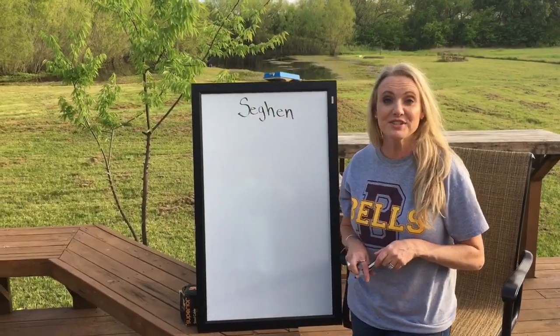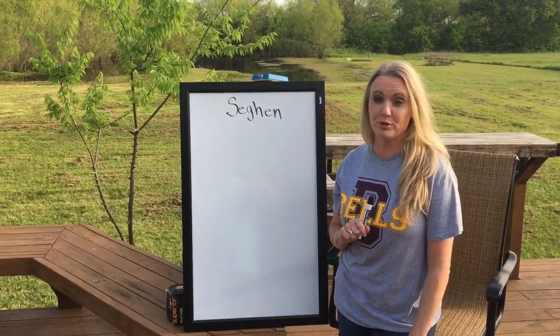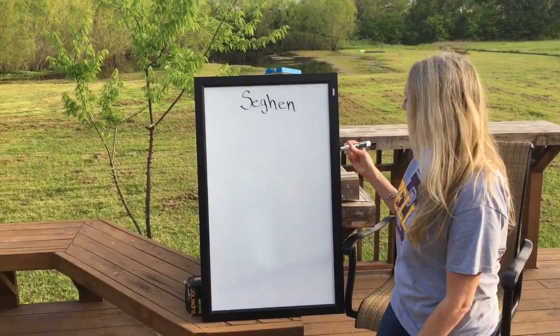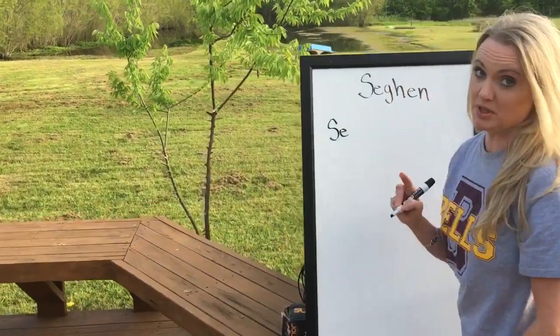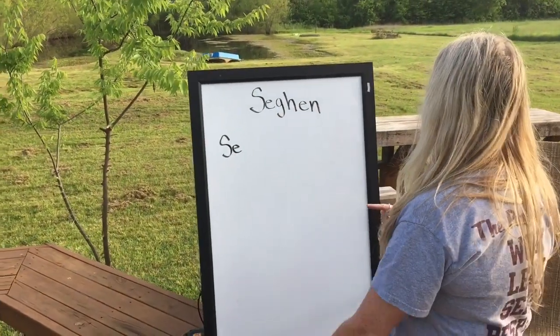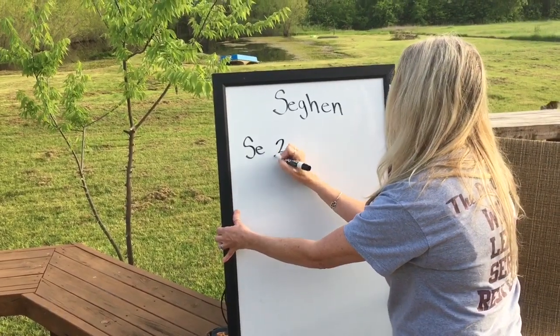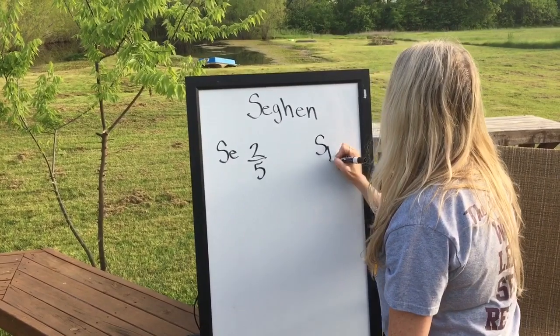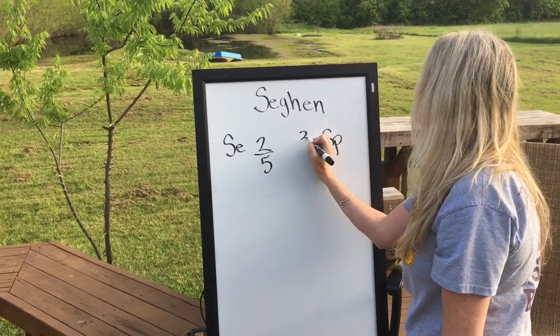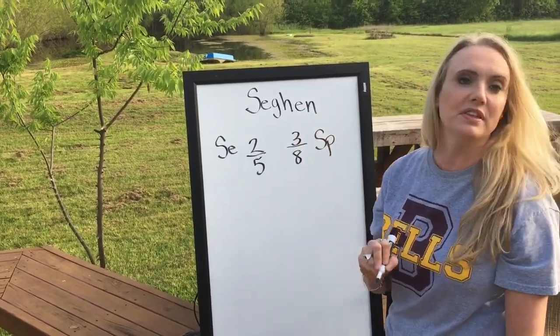Thank you, Segan, for sending in that problem about you and your brother playing the video games. So, Segan, we're going to put S-E because they both start with an S. Segan spent 2/5 of an entire day playing video games. Spencer spent 3/8 of the day.